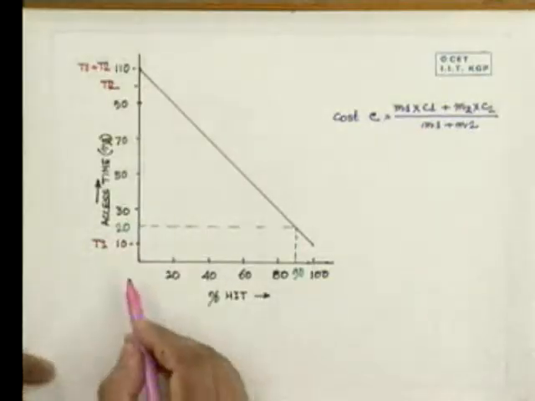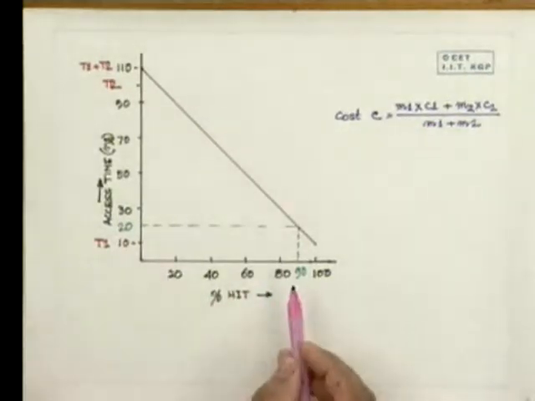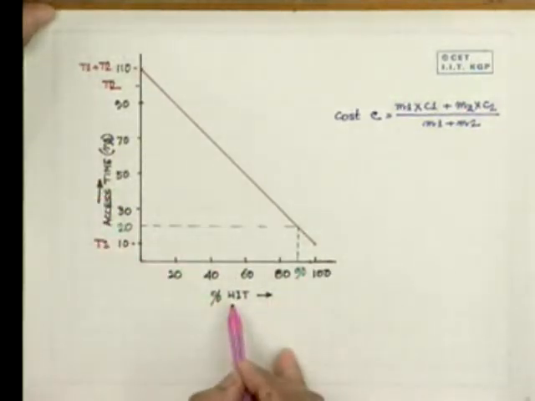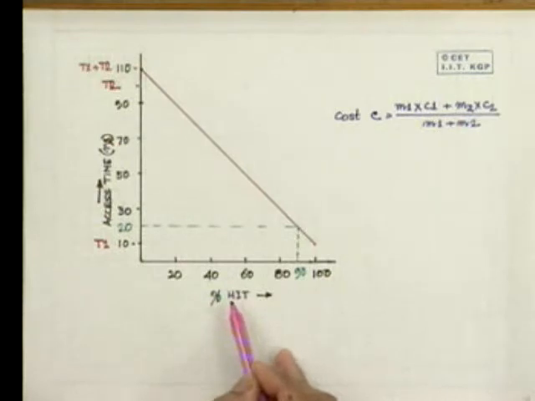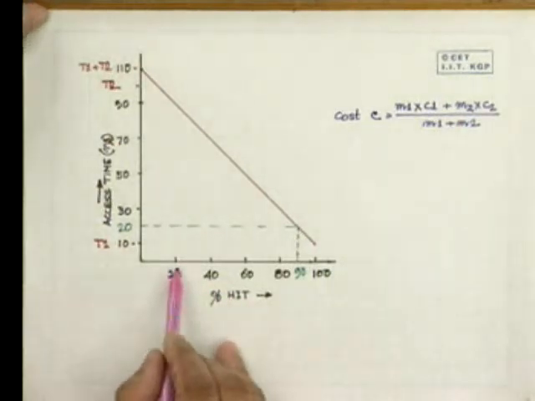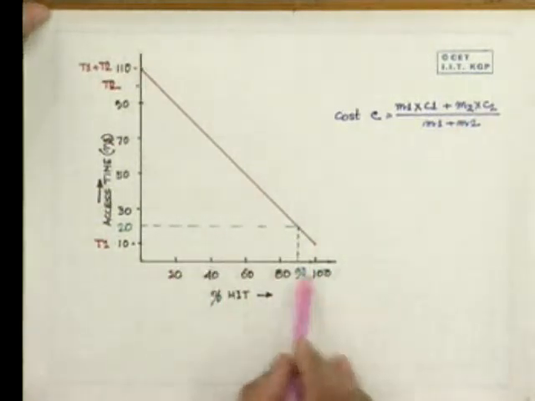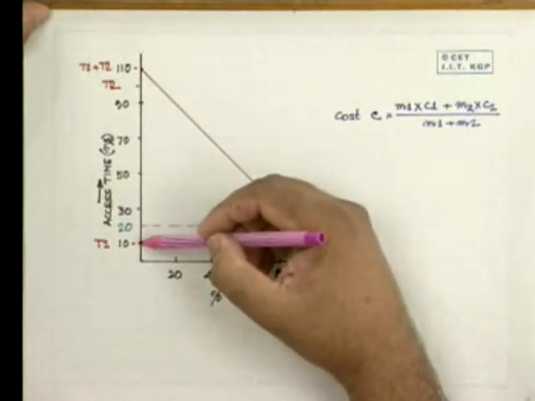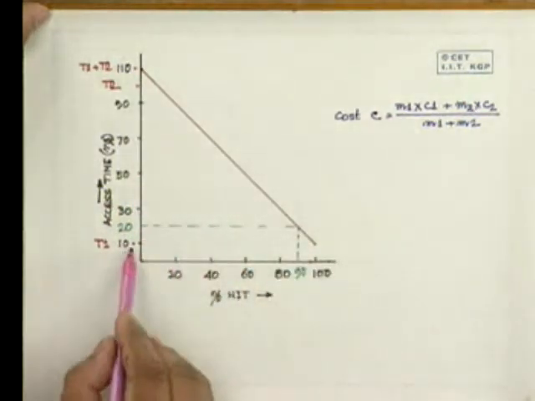Here we have shown the access time versus the percentage hit. Say the percentage hit is 20%, 40%, and so on, and the access time is shown over here.